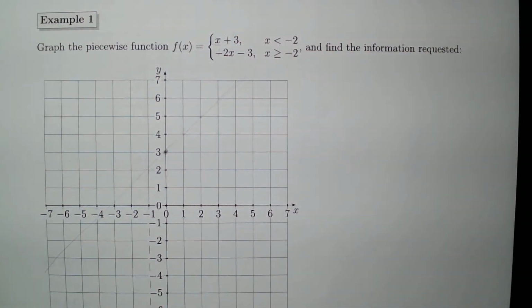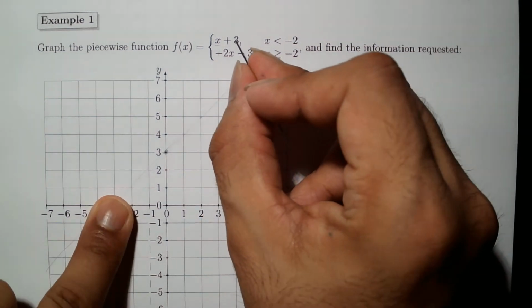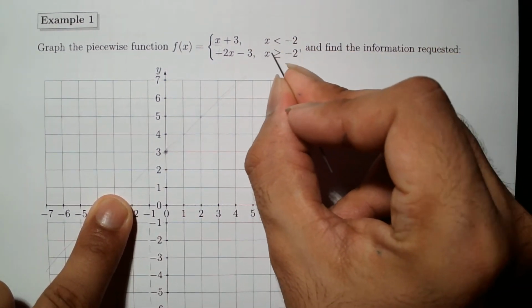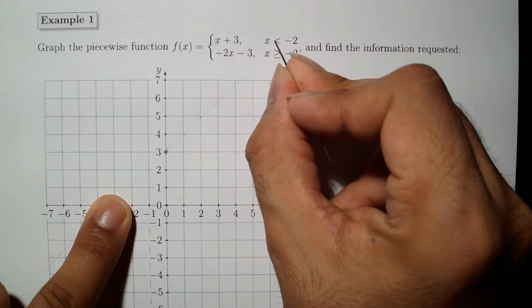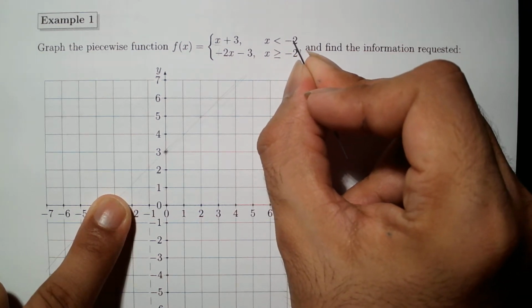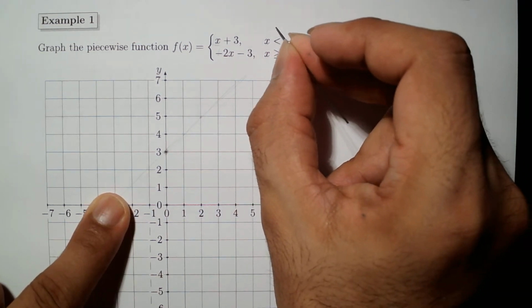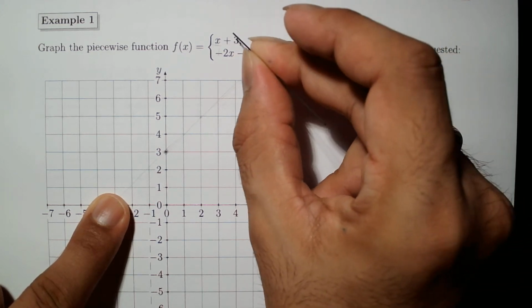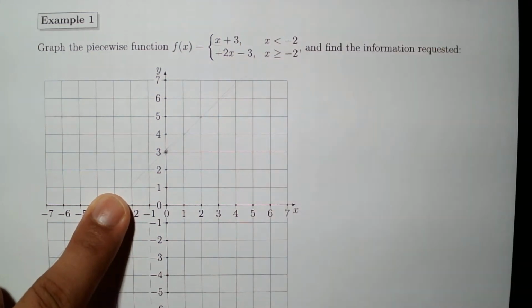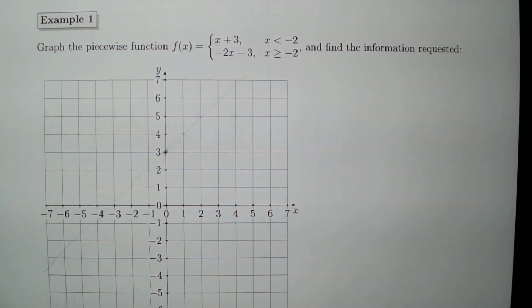However, in this case, we are not going to draw the entire graph, because for x plus 3, I have this condition here, which is x less than negative 2. That means the allowed inputs for the first part of the piecewise function are all numbers that are less than negative 2.